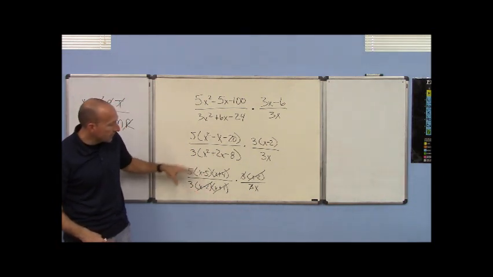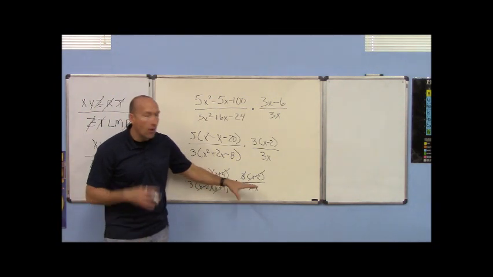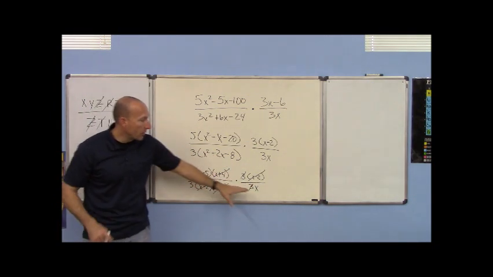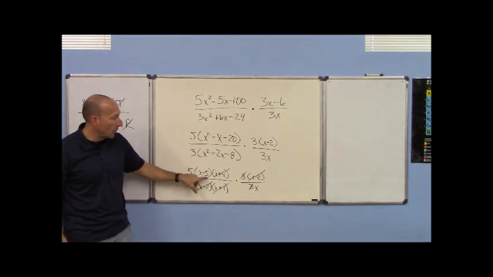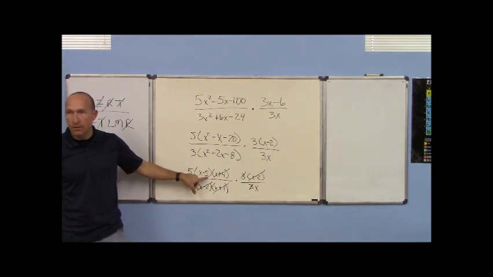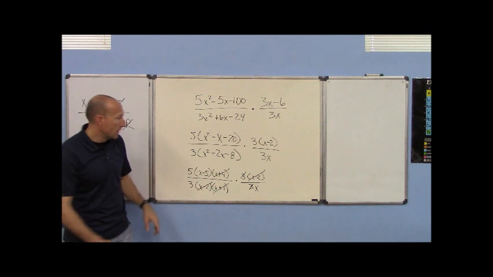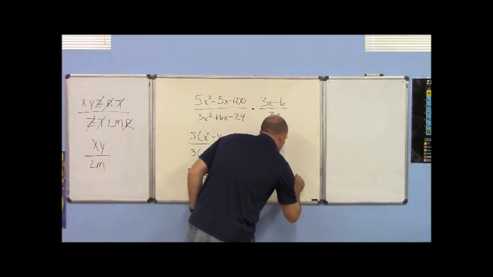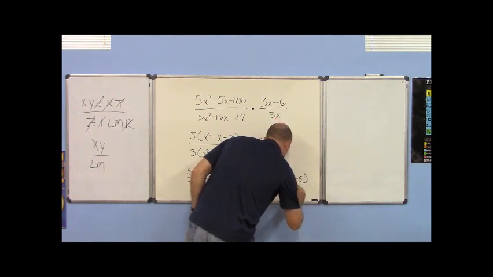There's no other 3 on the top, and there's no other x all by itself on the top. There's this x here, but if we're going to pull out this x, there has to be one with this 5 as well. So what we are left over with is 5 times x minus 5 over 3x.